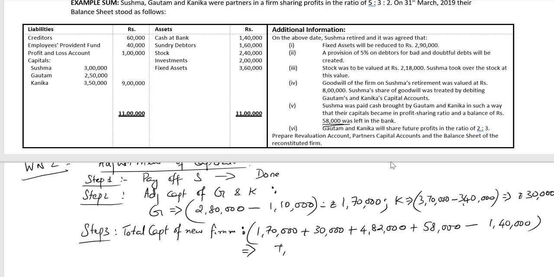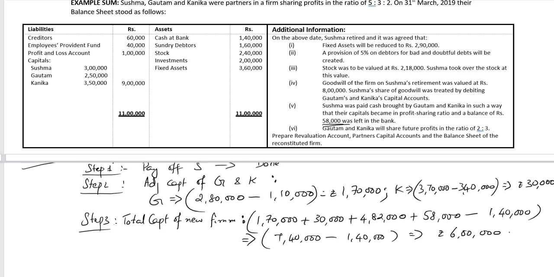So it's 7,40,000 rupees minus 1,40,000 rupees, which comes up to rupees 6 lakh. So this is the total capital of the new firm.